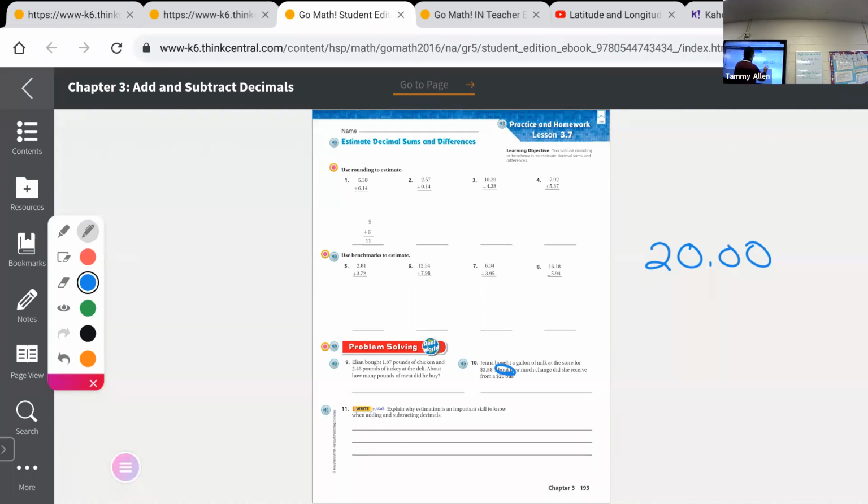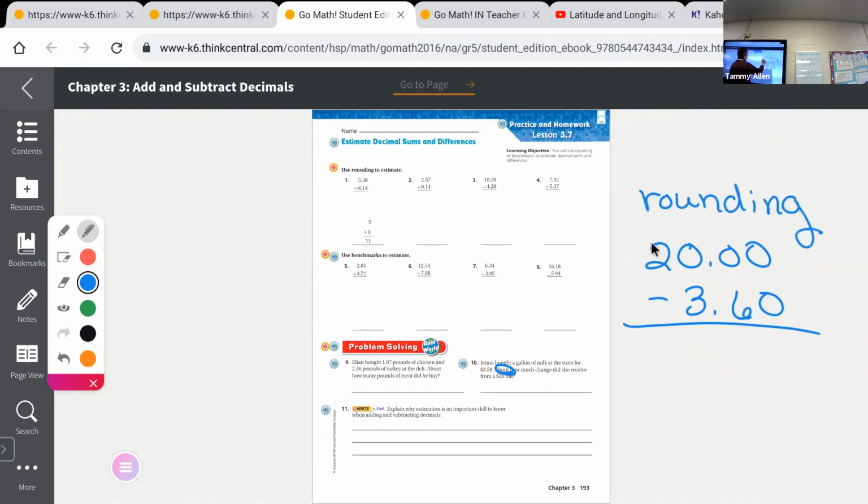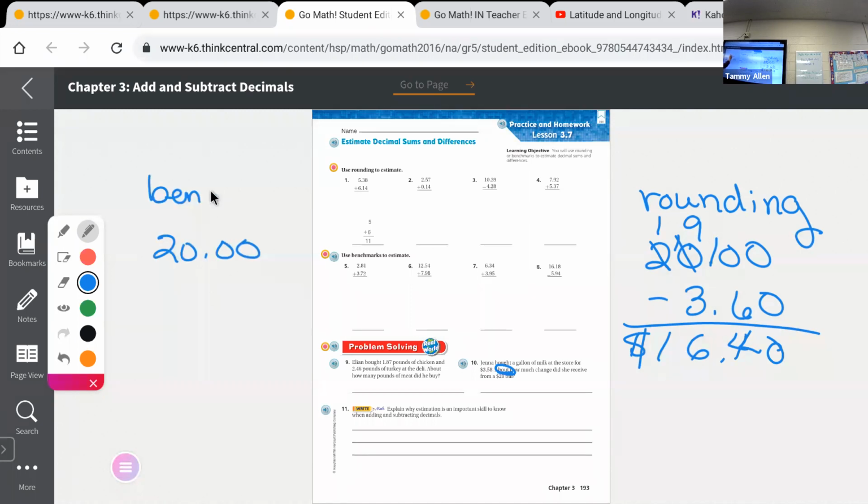So you used rounding, so you used $3.60, right? Okay, so you used rounding, and that would have worked. And you got $16.40. That's rounding, okay? Benchmark would be 3 and 15. Okay?